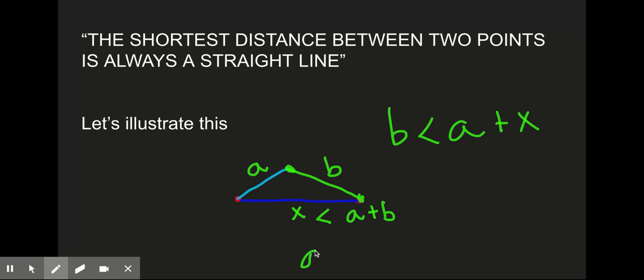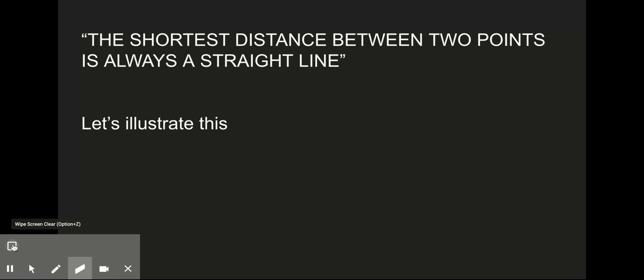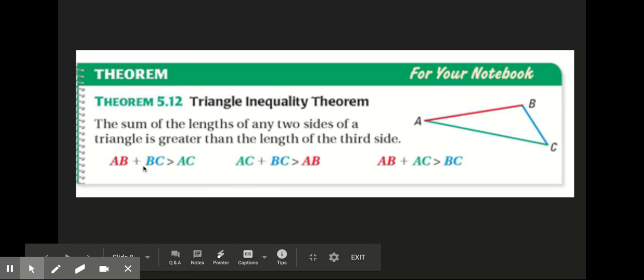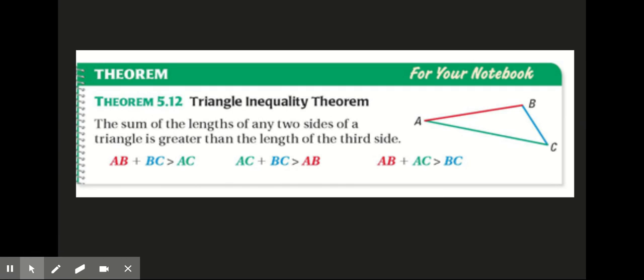Oh, and A should be shorter than the other two. So that's my idea here, that because the shortest distance between 2 points is a straight line, all three of those things have to work. If even one of them does not, it's over. The gig's up. No triangle.